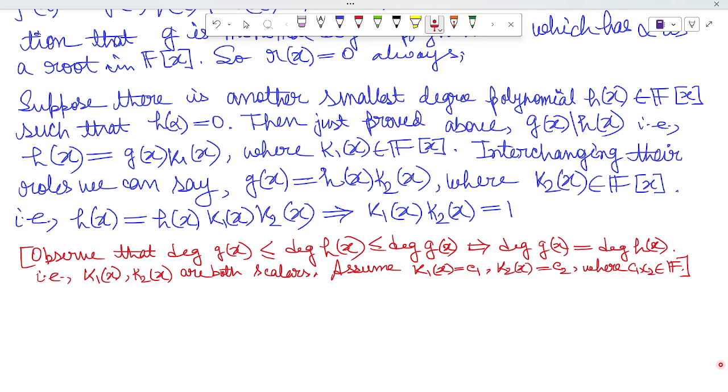I told you earlier that any polynomial in F[x] can be converted into a monic one by multiplying by the inverse, because in a field every non-zero element has an inverse in F. Okay, it is not done yet.